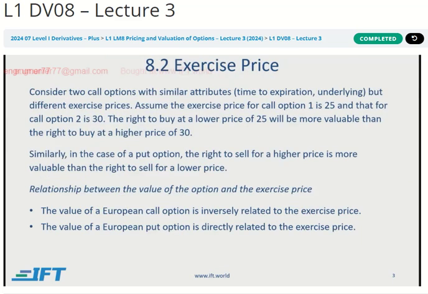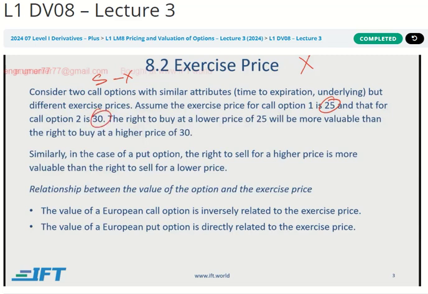Now, what about the exercise price? So for call options, again, exercise price is the lower the better, right? And let's look at two call options. Option number 1, which has an exercise price of 30, and option number 2, which has an exercise price of 25.